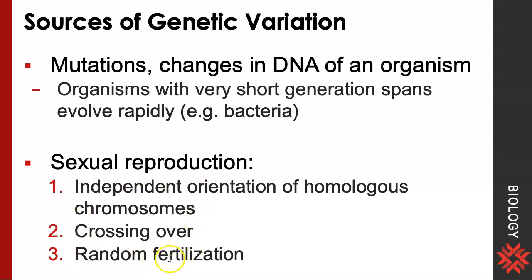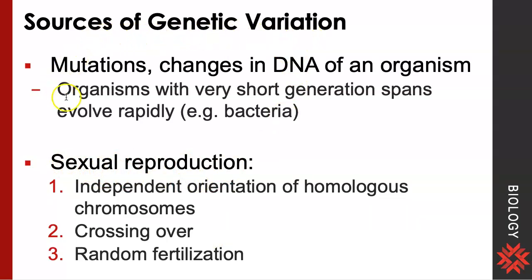So through all of these different ways, sexual reproduction leads to huge genetic variation, meaning that if the same two parents have 100 offspring, all of those offspring can be different from one another. They can all have variation in their traits because of the way that sexual reproduction works. Okay, so I won't recap all of the details there, but just know that sexual reproduction leads to genetic variation.